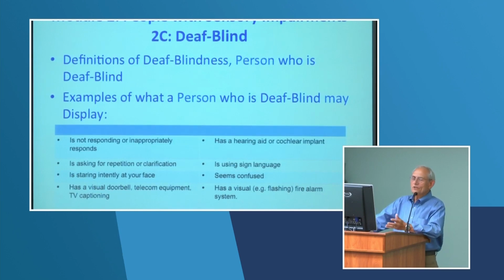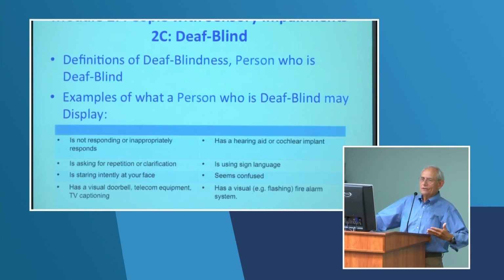Now, deaf-blind. Well, what is that definition? That is a person who has both deafness and blindness. That may be deaf or hard of hearing, and blind or low vision.